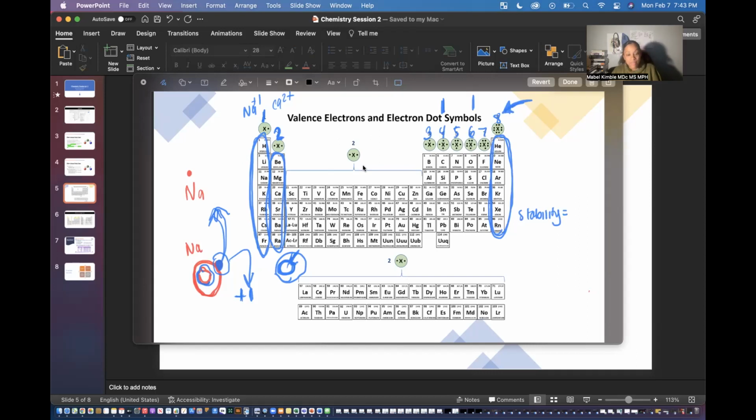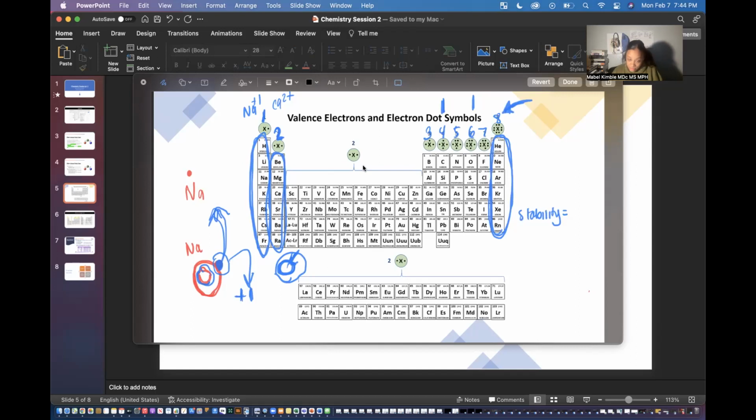An octet means every atom wants 8 electrons, and that's what stability means. So the reason group 8 doesn't need to participate in anything is because it already has 8. The reason everything else has to either share or pair is because they are trying to reach 8, that stability level. That's the reason why sodium loses 1 electron, because the orbital below that has 8.